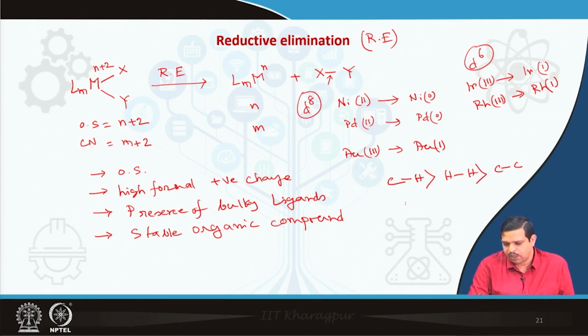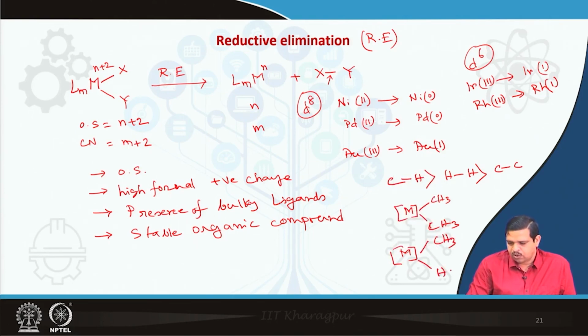As I am giving an example, let us say this scenario comes with CH3 and CH3, or CH3 and H. After reductive elimination, what will you get?